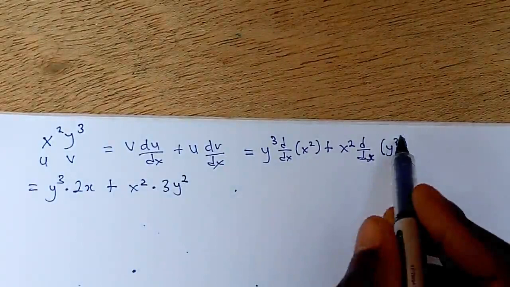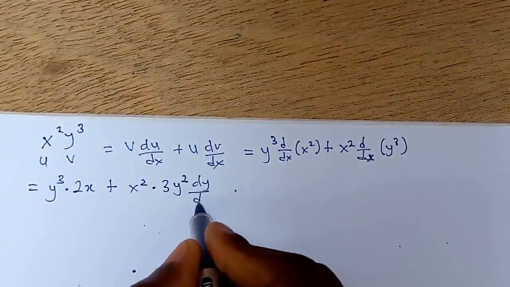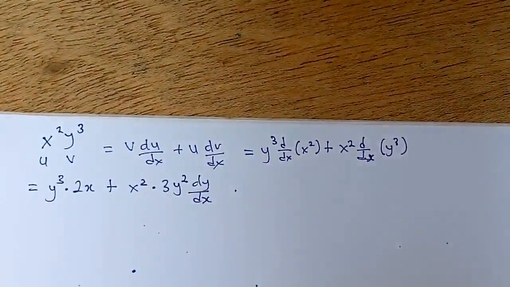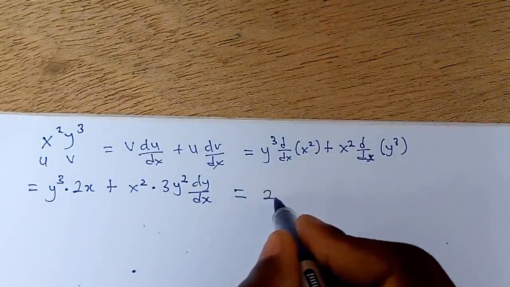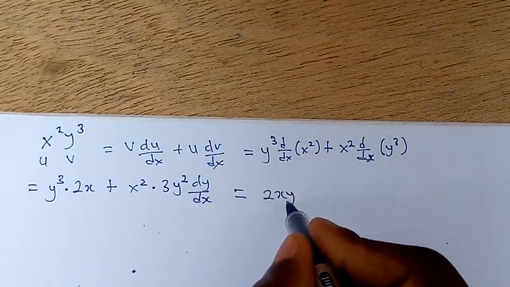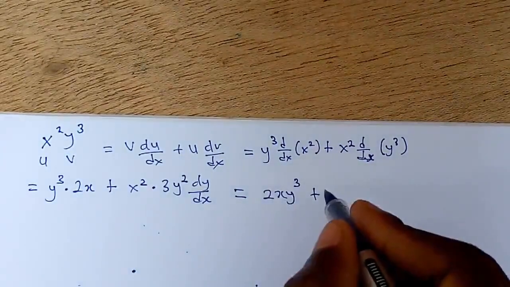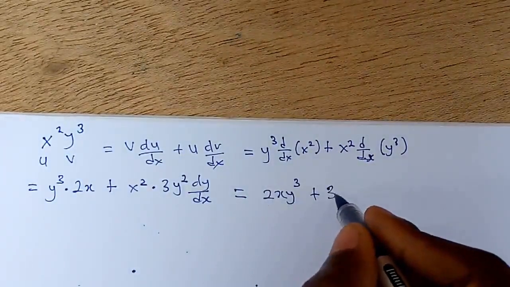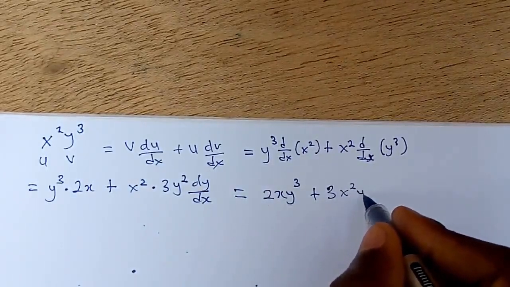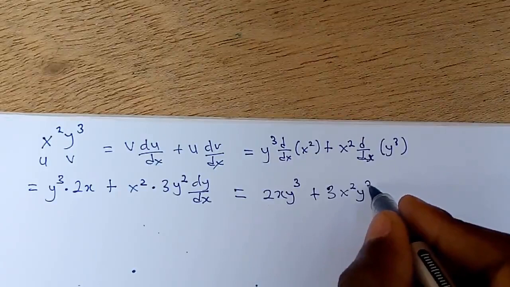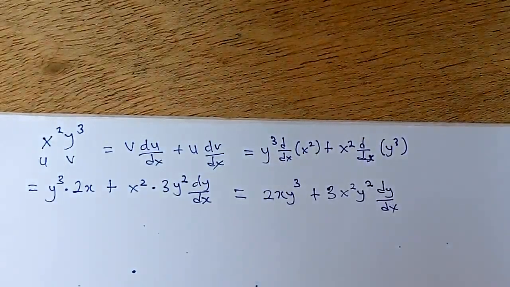But because we are differentiating y with respect to x, we have to apply dy/dx here. So to simplify, this is going to be 2x y raised to power 3 plus 3x squared y squared dy/dx.